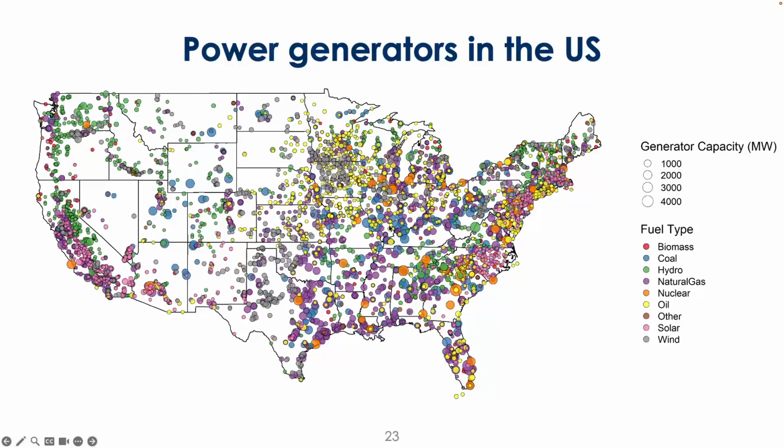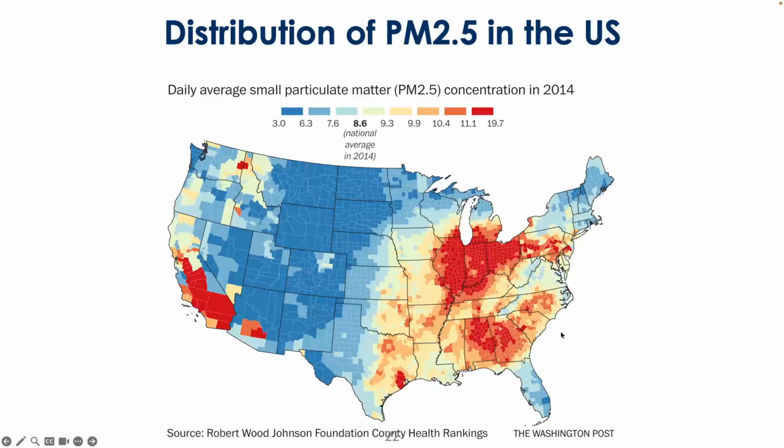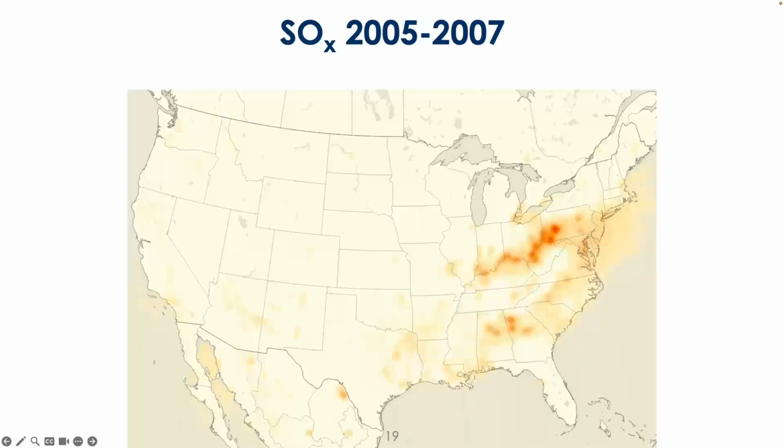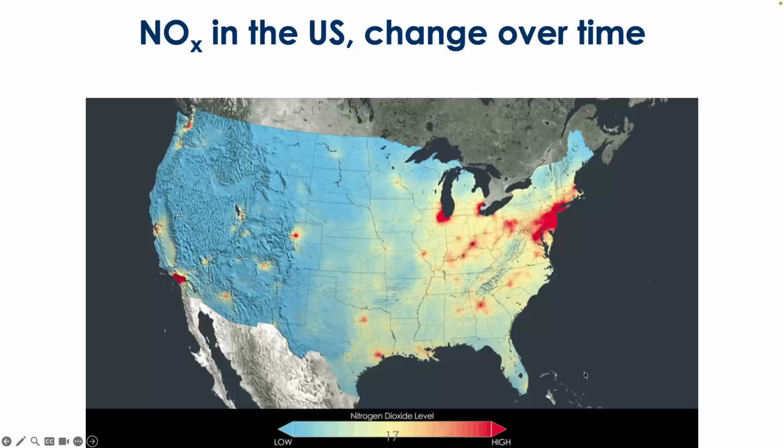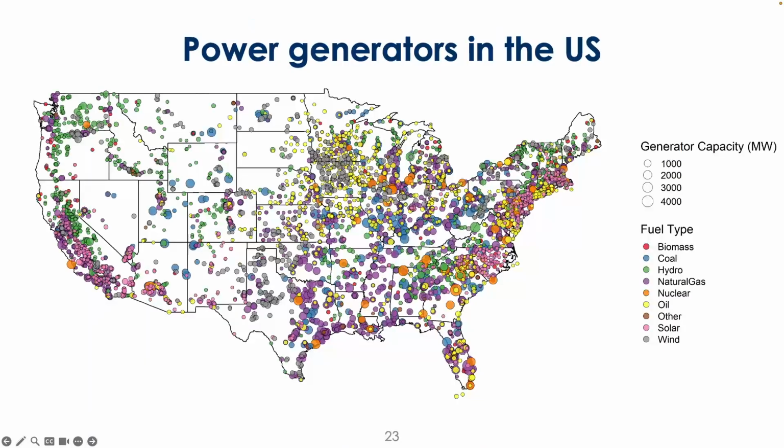And you'll notice a lot more blue dots corresponding to coal plants in the eastern half of the country compared to the western half. And that's reflected in this distribution of particulate matter, in the SOx distribution, and in the NOx. A lot of that is coming from coal, and to some degree, the NOx also from natural gas.